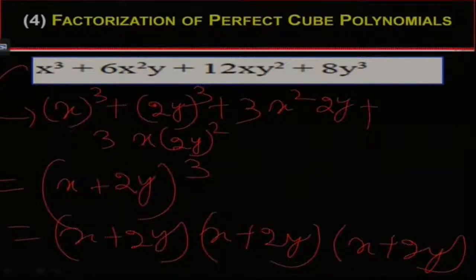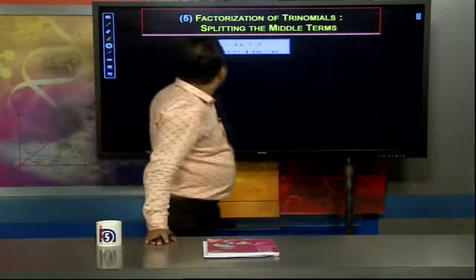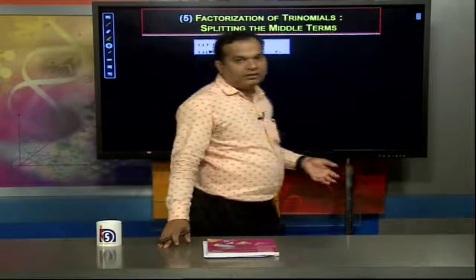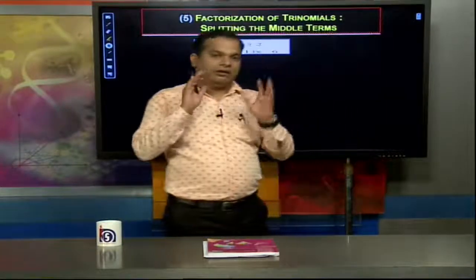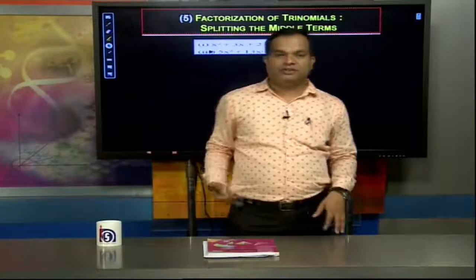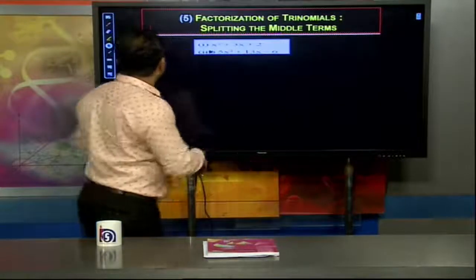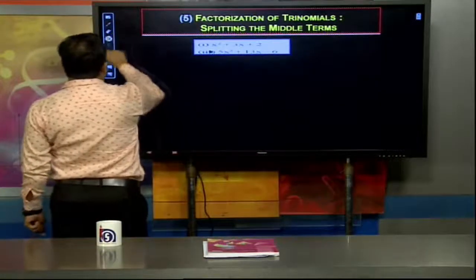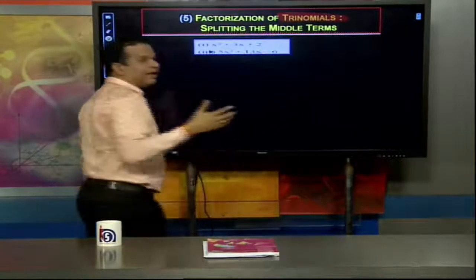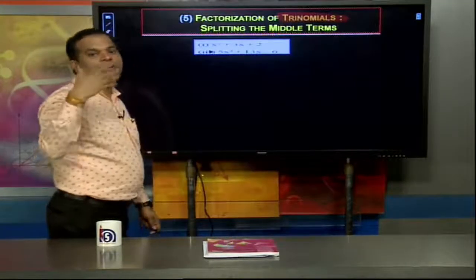Now, we will move to a very important part, which is known as factorization by the splitting method, splitting the middle term method. This is the technique we use maximum times, known as factorization of a trinomial. Again I am repeating why it is called a trinomial, because three terms will be involved, you will get three terms, and the middle term we have to split and use.